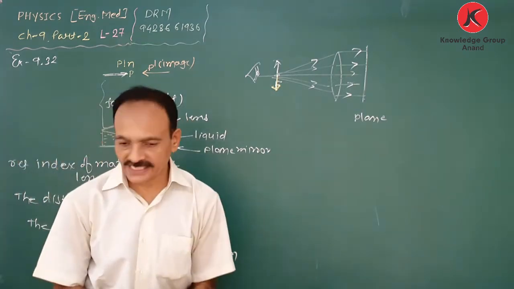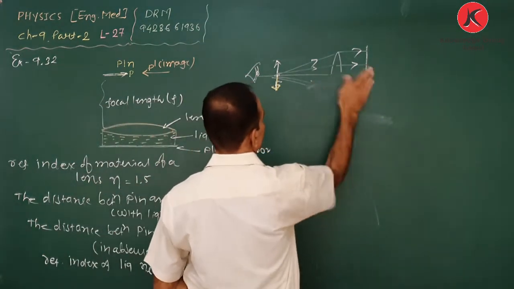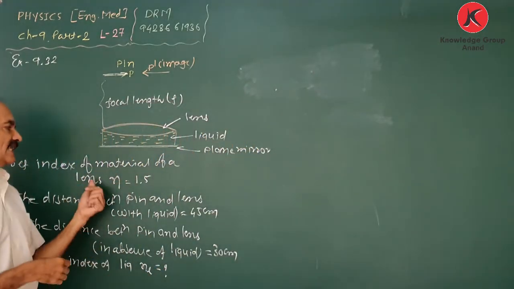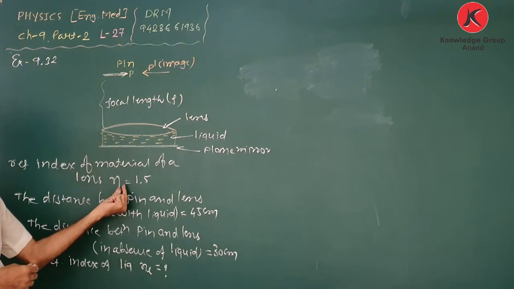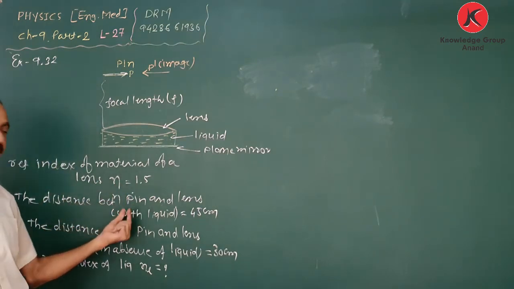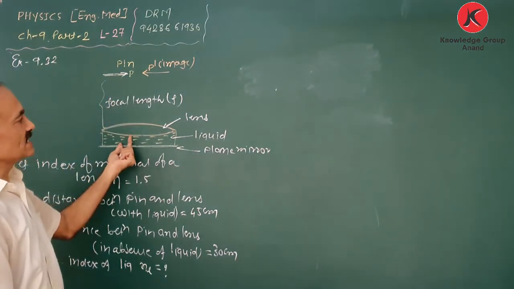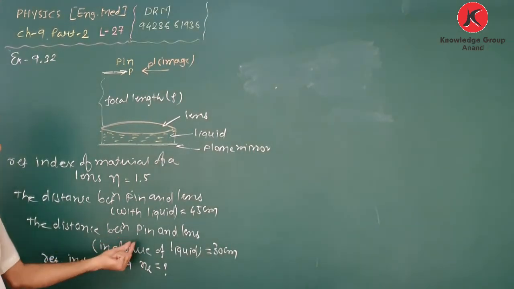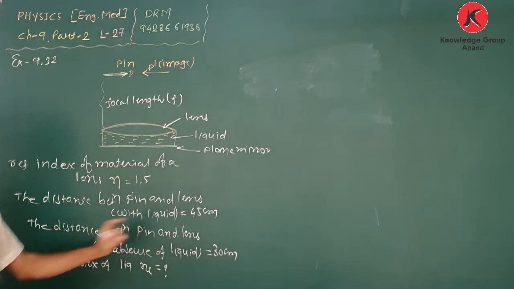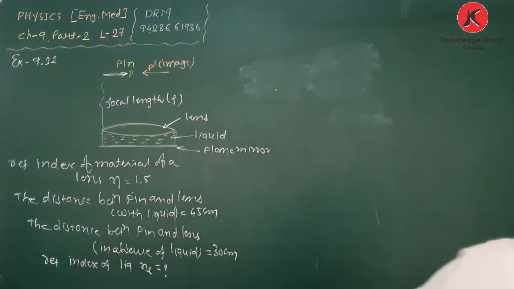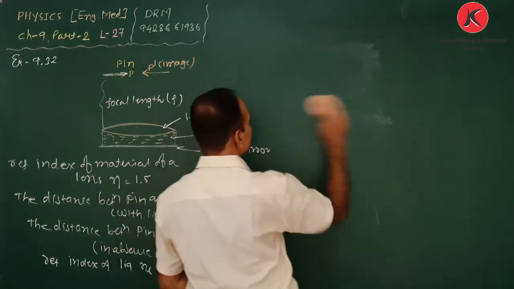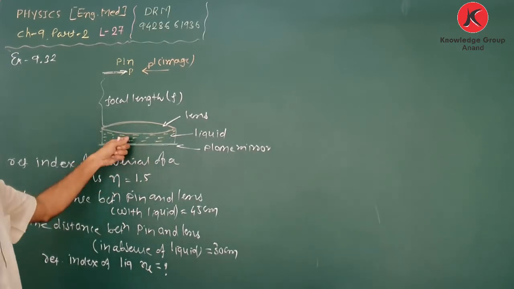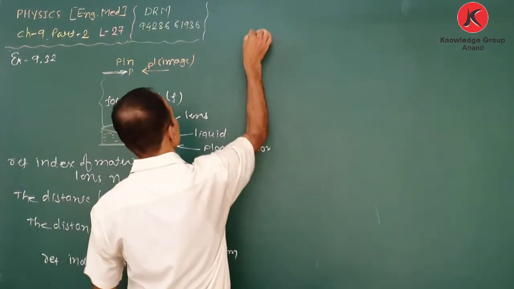Now, what is given here? The refractive index of the material of the lens is 1.5. The distance between the pin and the lens in presence of the liquid is 45 centimeter. The distance between the lens and the pin in absence of the liquid is 30 centimeter. We have to find the refractive index of the liquid. Therefore, the 45 centimeter distance is the focal length of the combination.